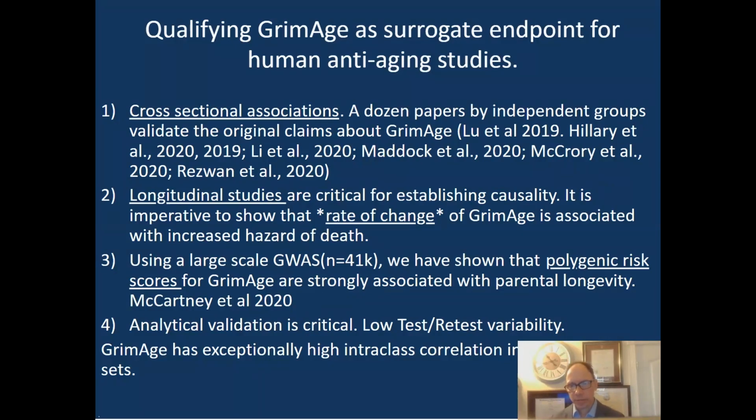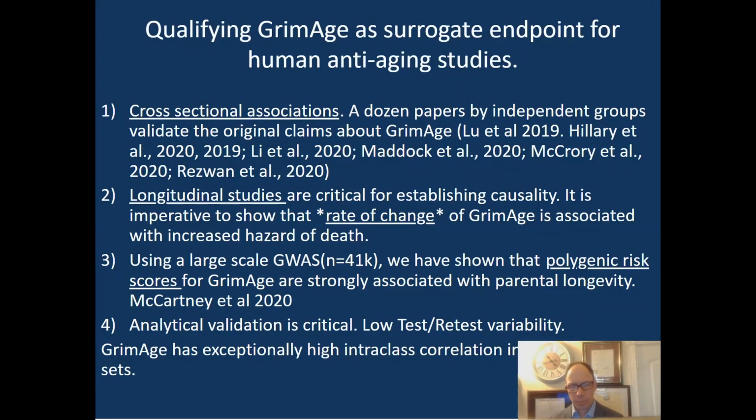What I can tell you is that GrimAge has been validated as a mortality risk estimator by a dozen papers, many by independent groups. We're currently carrying out longitudinal studies of GrimAge.